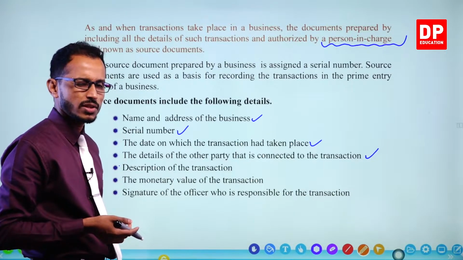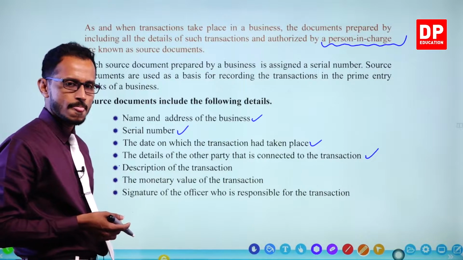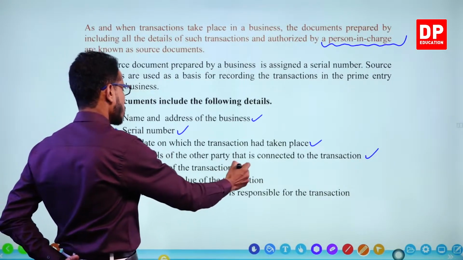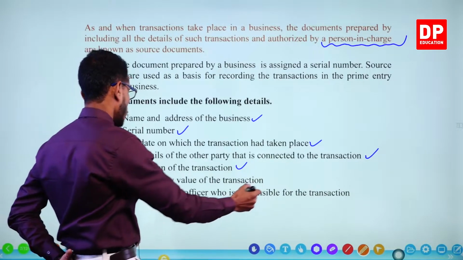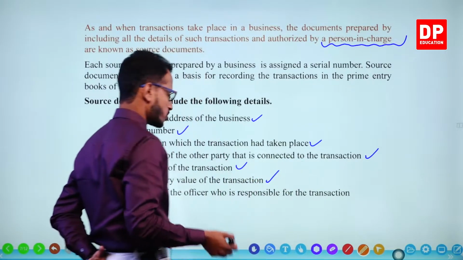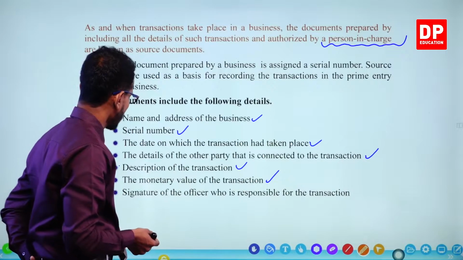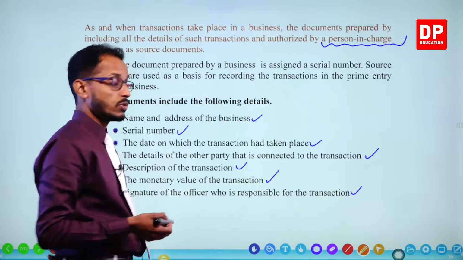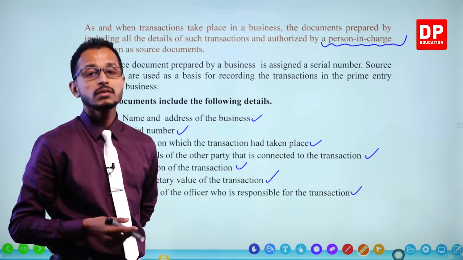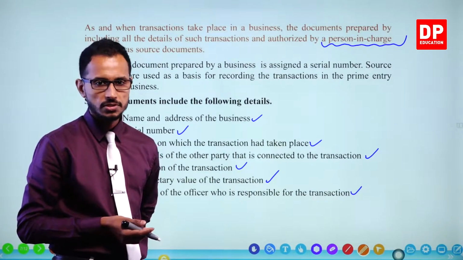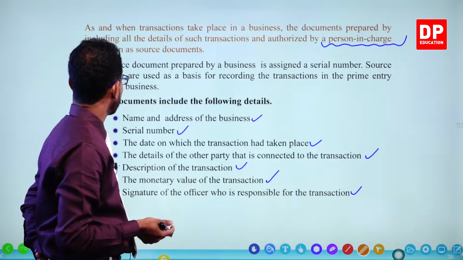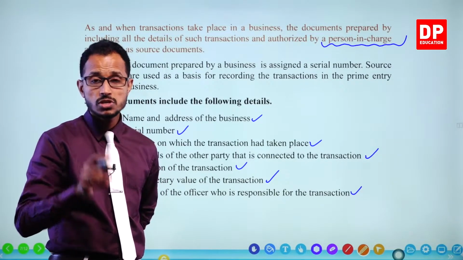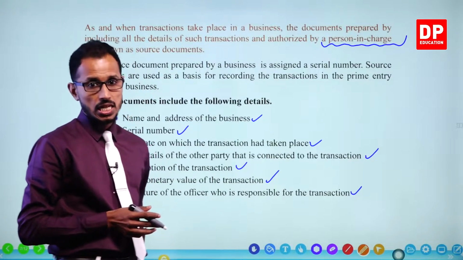You can write down the name in the bill. Description of the transaction, the monetary value or the amount of the transaction, and the signature of the officer who is issuing the bill or the source document. Right. So these are the information which are included in a source document or a bill. Okay.